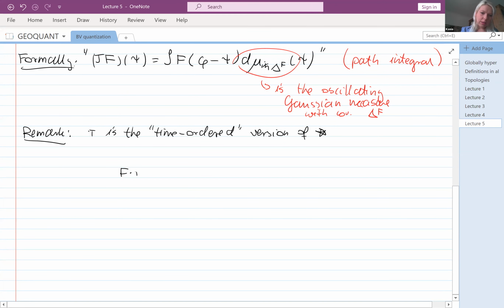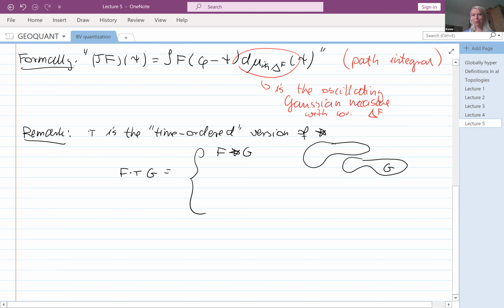So we have that F time ordered G is the same as F star G if the support of G comes before, or maybe more precisely, not after F, okay?